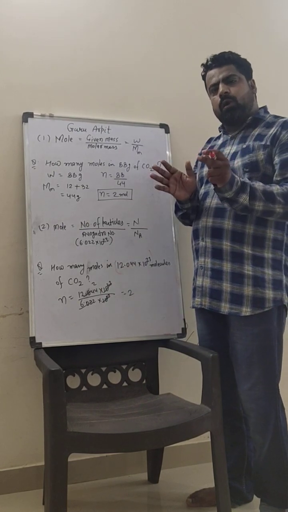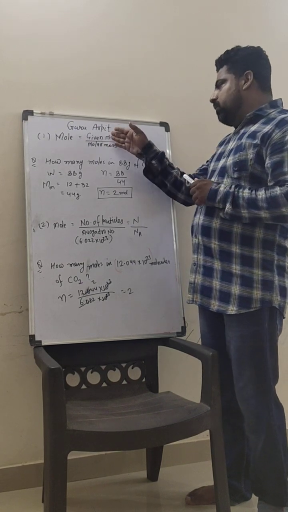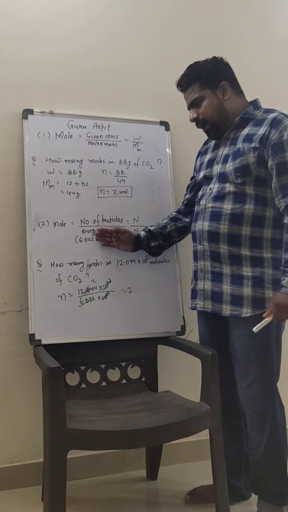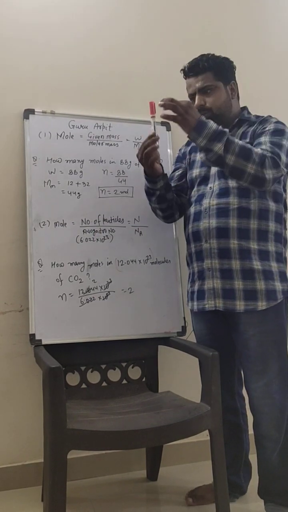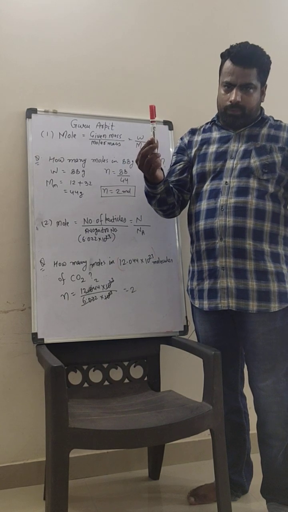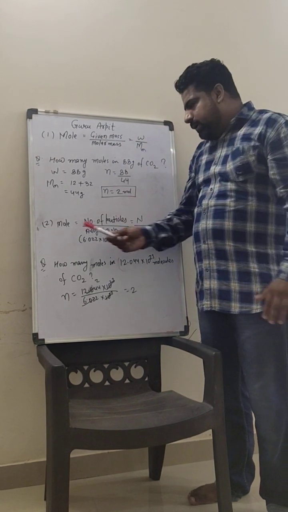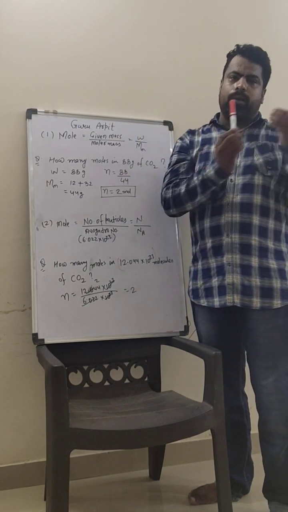So these two formulas are used for finding moles in terms of weight and in terms of particles. Now suppose you have weight and you need to find the particles. There will be a connecting link, which is the mole. Suppose you have particles and you need to find the weight.